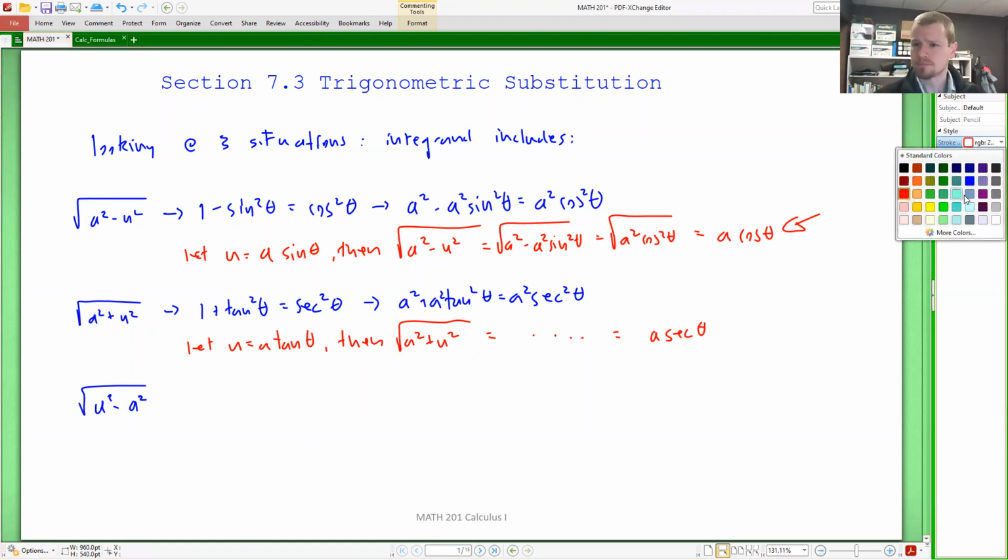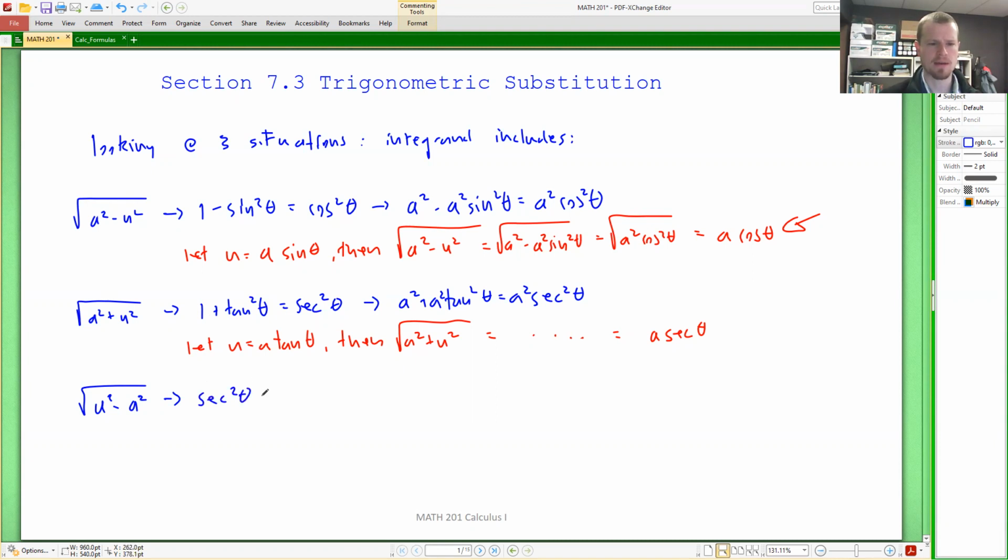And then in our last situation, if we have u squared minus a squared, we want to make use of, right, essentially this same relationship here, just rewritten. So if we subtract 1 from both sides, we see that secant squared theta minus 1 is equal to tangent squared theta.